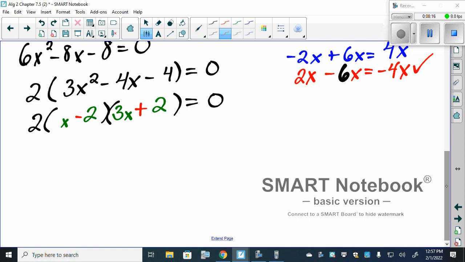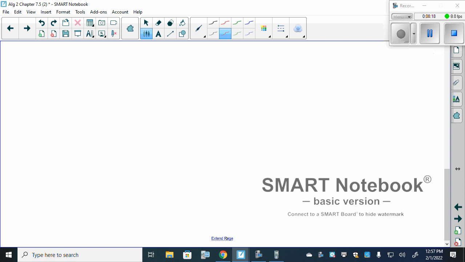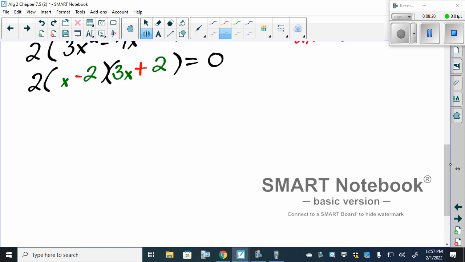Now that we have it factored and have the correct factors for this here, we do have two things multiplied together that equal 0. And whenever we have more than one thing multiplied together to equal 0, it tells us that one of these has to be 0. So either x minus 2 is equal to 0 or 3x plus 2 is equal to 0.